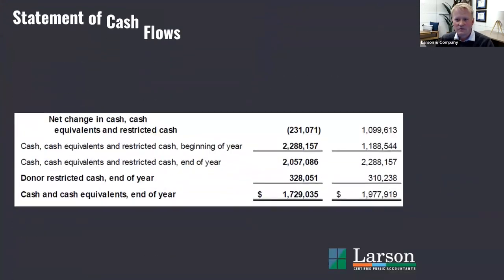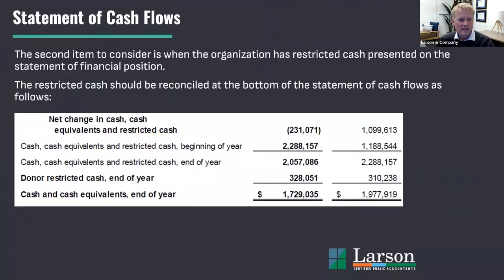The second item to consider is when an organization has restricted cash presented on the statement of financial position. The restricted cash should be reconciled at the bottom of the statement of cash flows. So this is an example where you have the total cash, cash equivalents, and restricted cash at the end of the year after doing the cash flow statement.